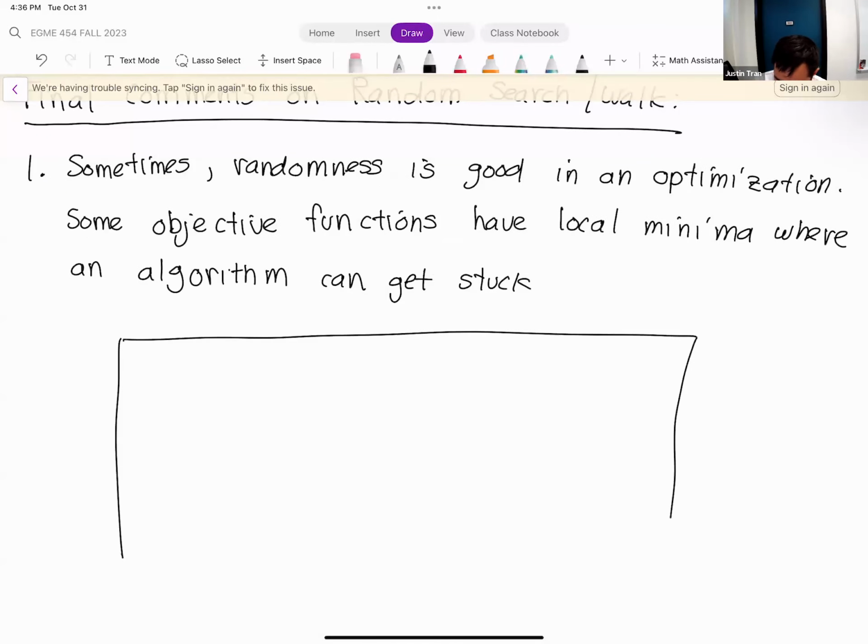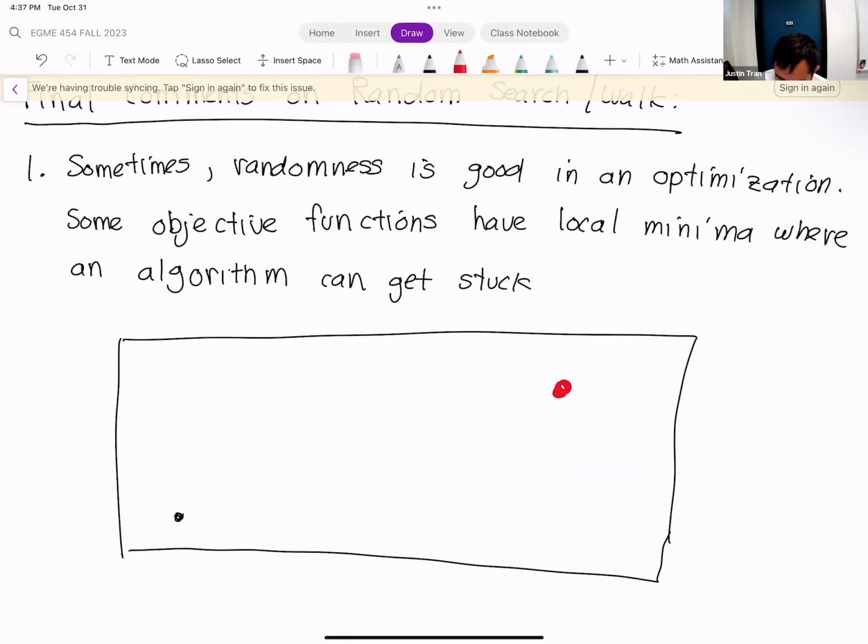Let me draw this visually so we can see again. Same as before, we'll say our optimum is in that upper right portion right there. Let's say that red dot is where we want to go.